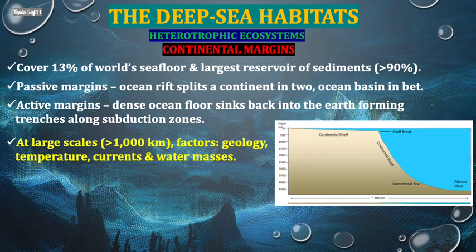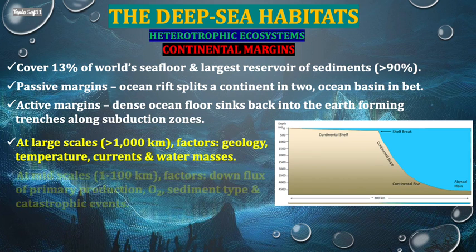The diversity of faunal biodiversity in the continental margins depends on the spatial scale. It could be either a large one or a mid-scale one. So on a super large continental margin of more than 1,000 kilometers, for example, the biodiversity is influenced by the geology of the area, the temperature, currents, and water masses.